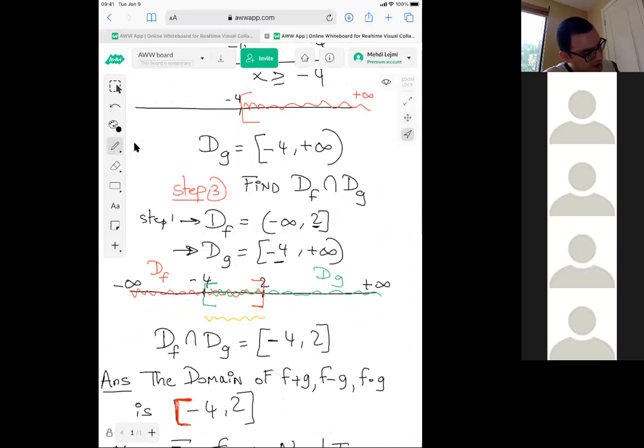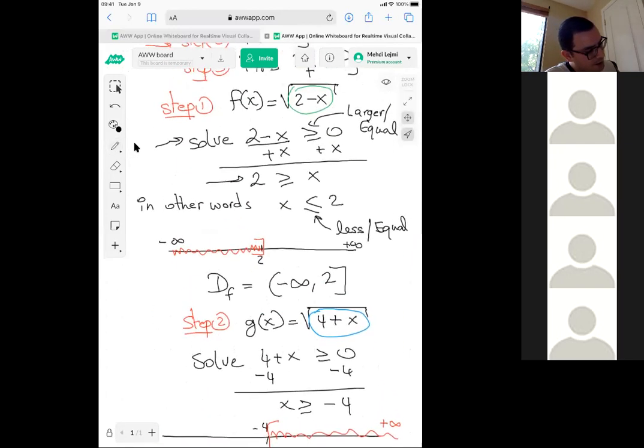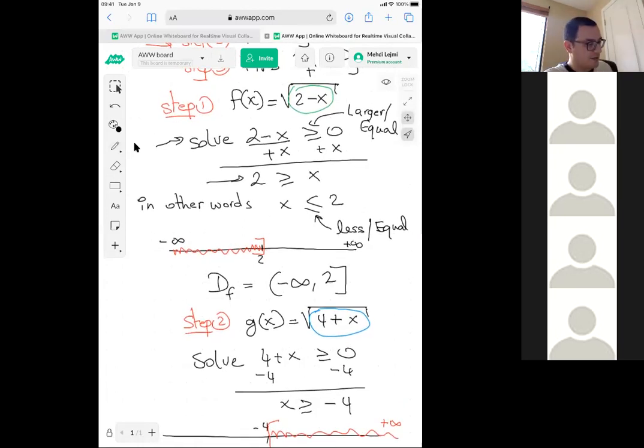In step 1, I got the domain of f is -infinity to 2. The infinity is always excluded because infinity is not a number. So no matter what, we always exclude infinity, right?